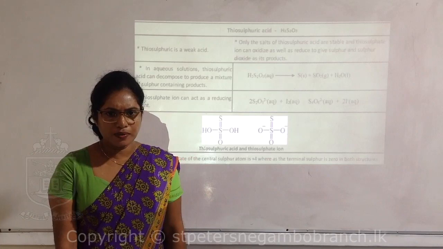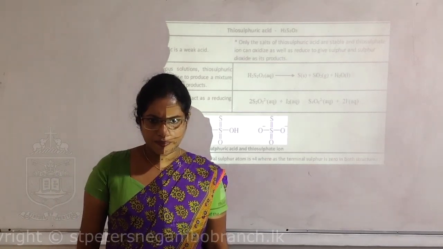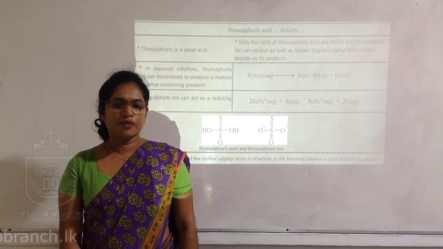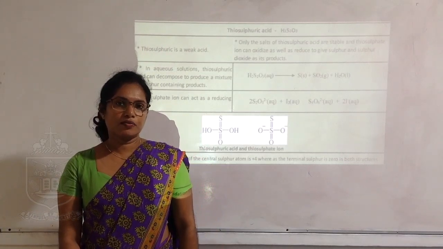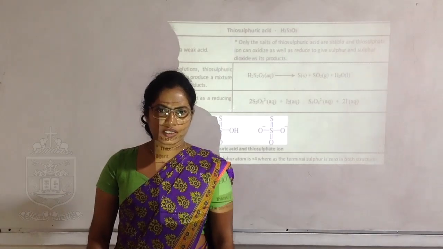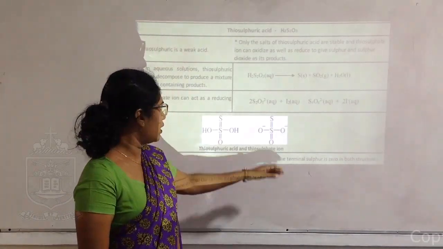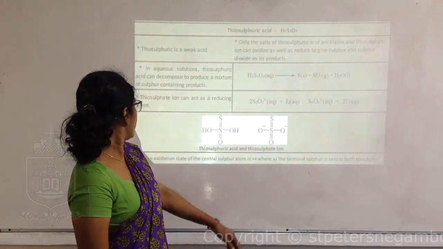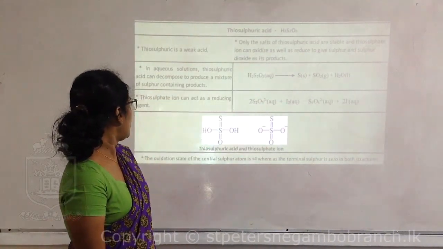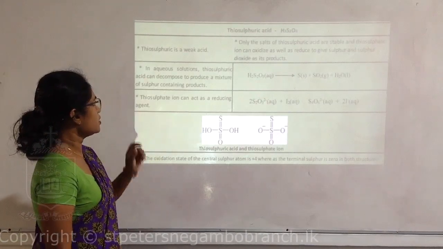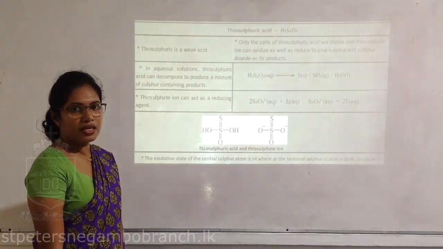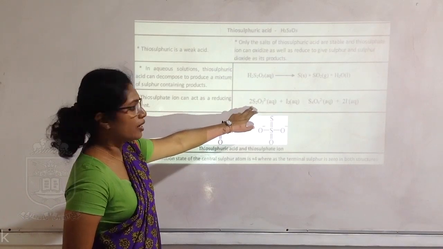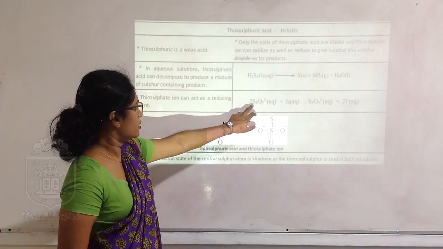Thiosulfuric acid is also a weak acid, and in aqueous solutions thiosulfuric acid can decompose to produce a mixture of sulfur and sulfur containing products. Here you can see that. And thiosulfate ion can act as a reducing agent.